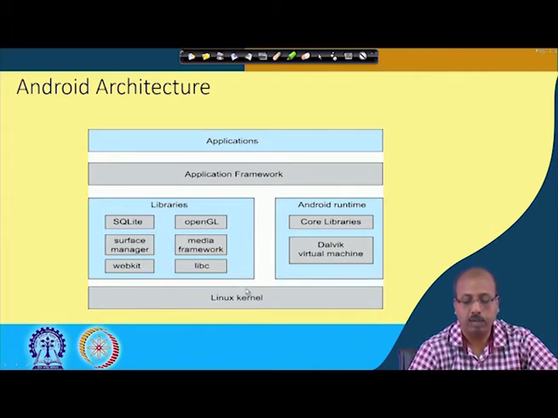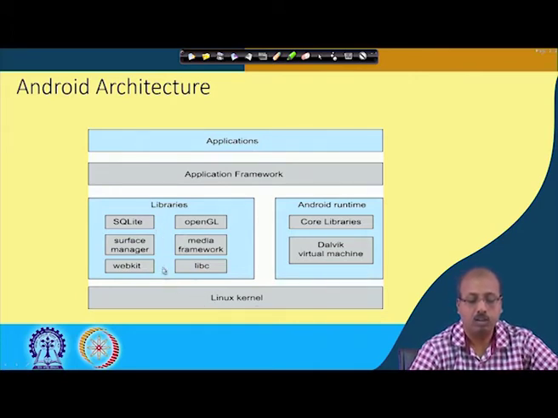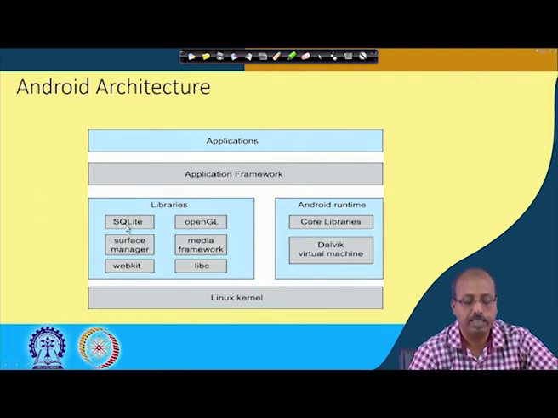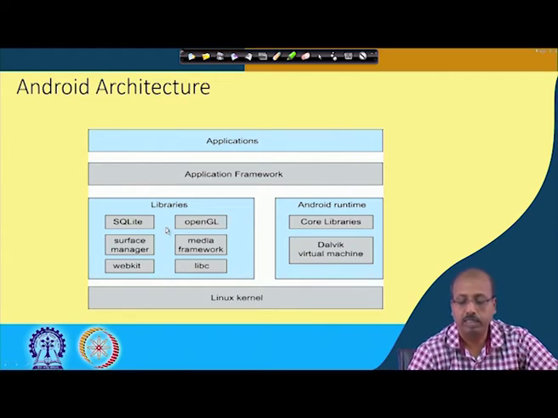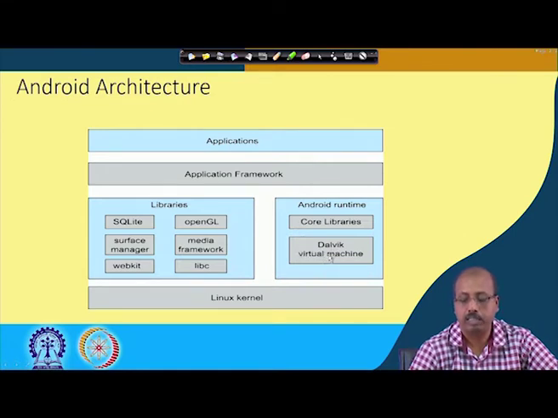This is the Android architecture. At the lowest level we have the Linux kernel. On top of that we have a set of libraries: SQLite, OpenGL, Surface Manager, Media framework, WebKit and libc. These are mechanisms by which you can handle database, graphics and multimedia. On the other hand, for the Android runtime we have core libraries and the Dalvik virtual machine. Whatever the underlying hardware, the Dalvik machine virtualizes it.